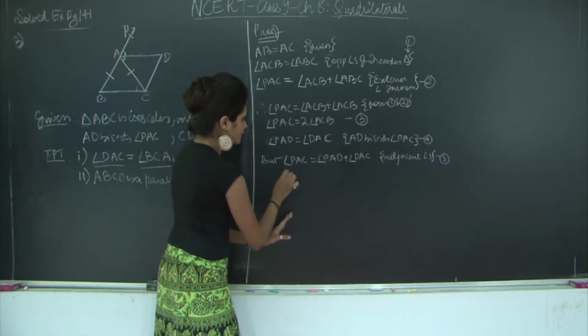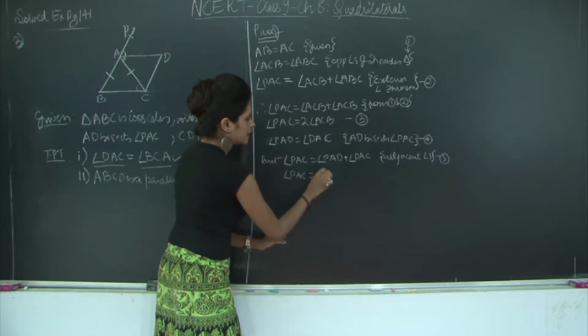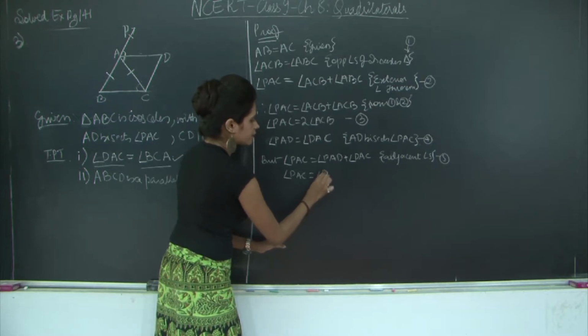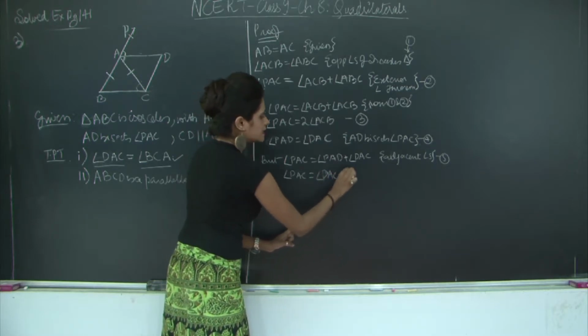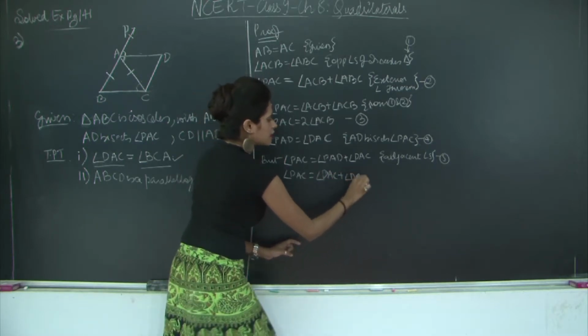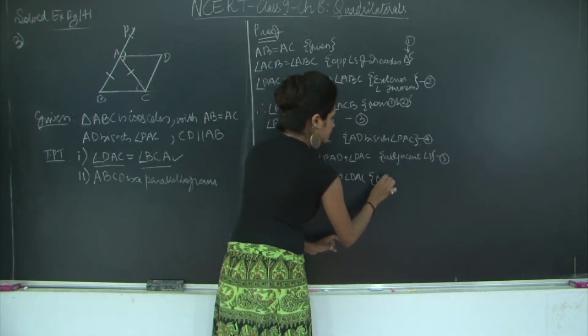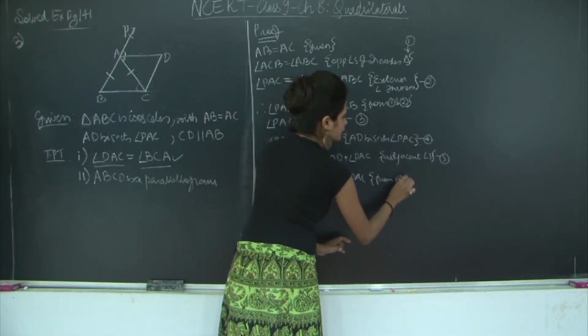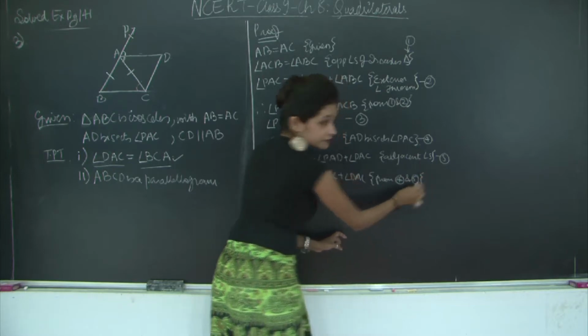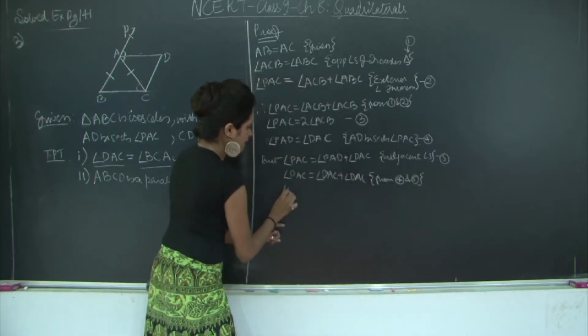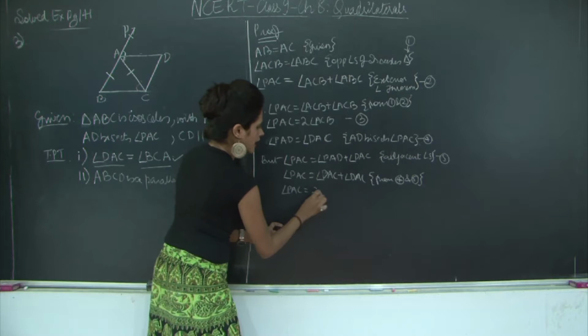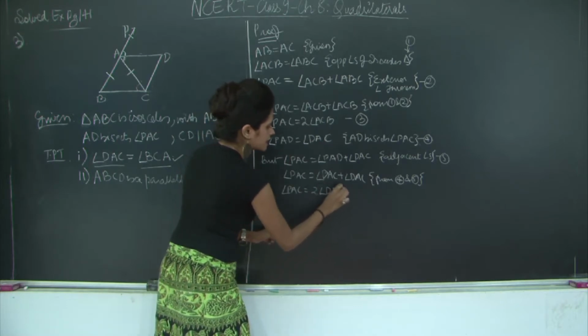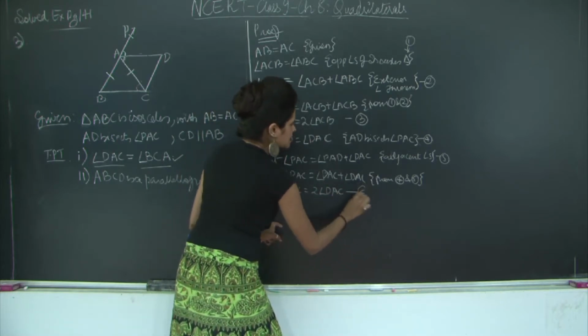So, I will say that angle PAC is equal to angle DAC plus angle DAC, from 4 and 5, which makes angle PAC equal to double of angle DAC, and I'll mark this as 6.